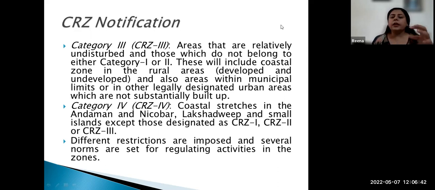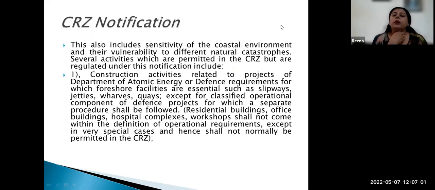So there are different kinds of restrictions imposed in the different category 1, 2, 3, and 4 zones. Accordingly, you have to see where you are implementing your project and what kind of restrictions there are for the category pertaining to your project activity. Okay, and accordingly you have to ensure the construction activities comply; if there is a project of defense requirement or the Department of Atomic Energy, it will have different conditions.